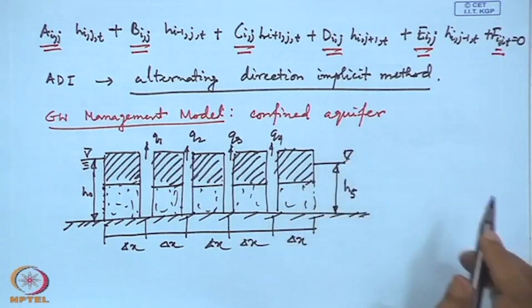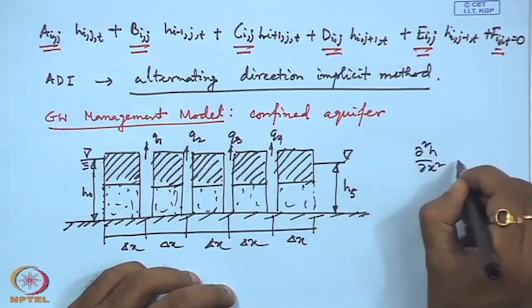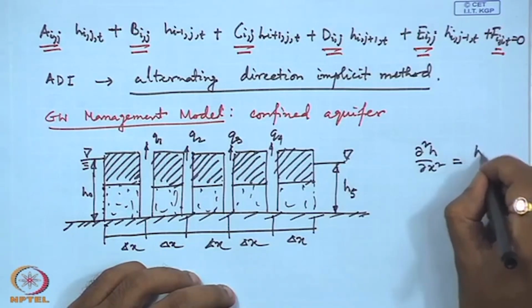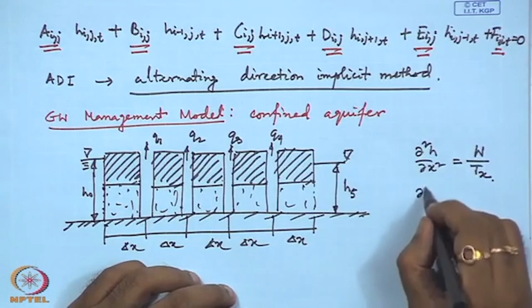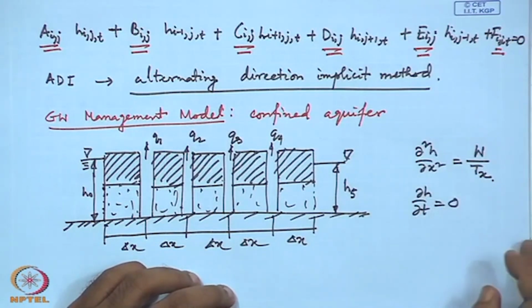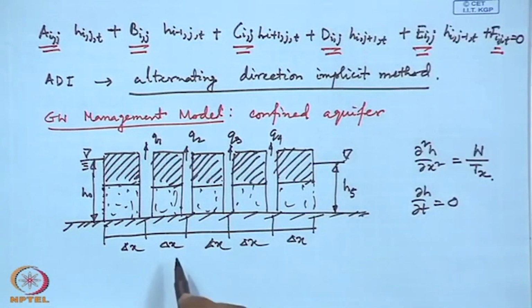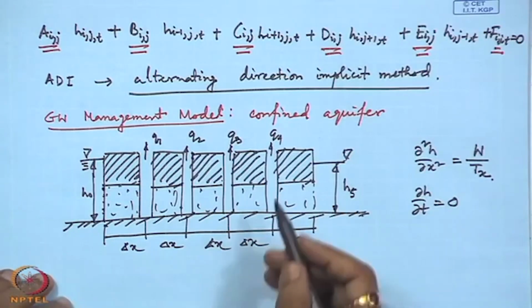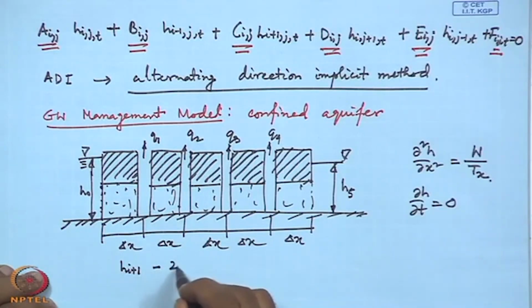So, for this kind of equation we have del H by del T, del H by del x equals to W by T x, where for a steady state condition del H by del T equals to 0. So, for this kind of equation, let us discretize it using our normal finite difference method.